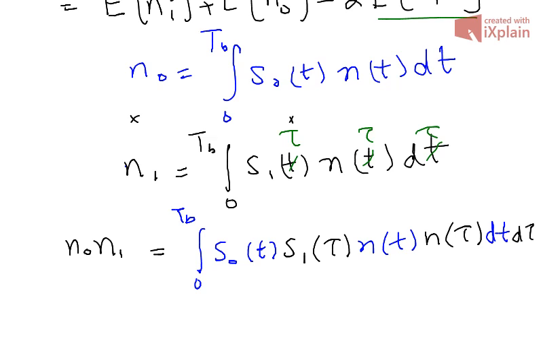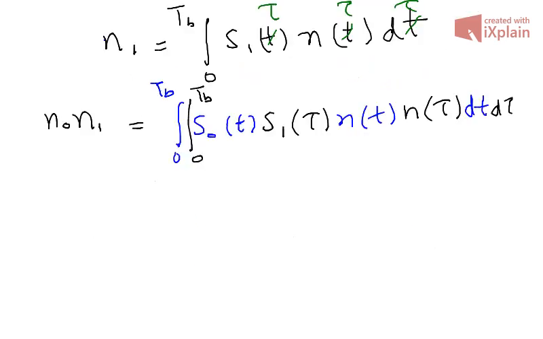There should be one more integral here. I have written this product of n0 multiplied by n1, but we need to take its expected value, right? So let's take its expected value.